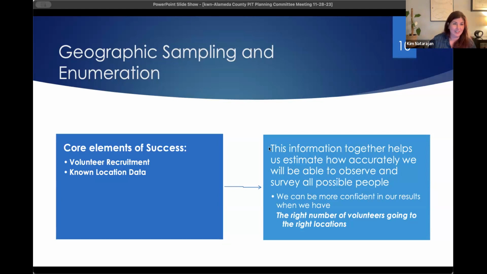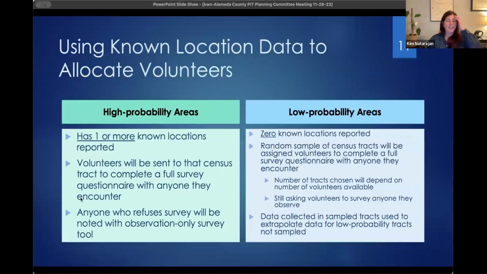I'm going to do another example of this. But just before we get there, the way that we use the known location to send out volunteers, we use this terminology of high probability areas and low probability areas. And we're going to send volunteers to the high probability areas and fewer to the low probability.